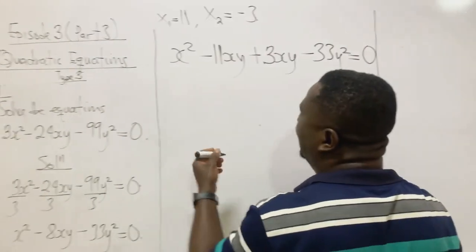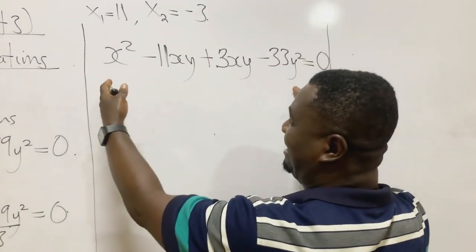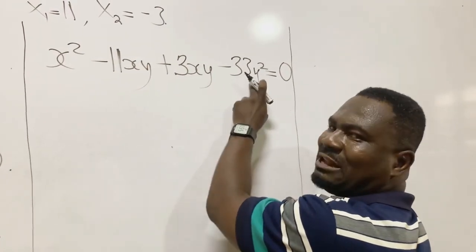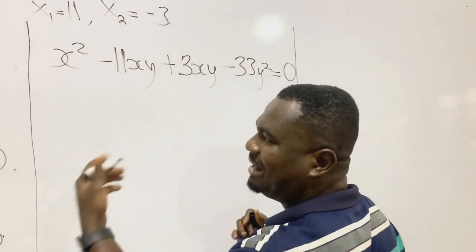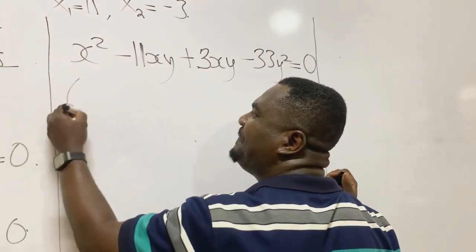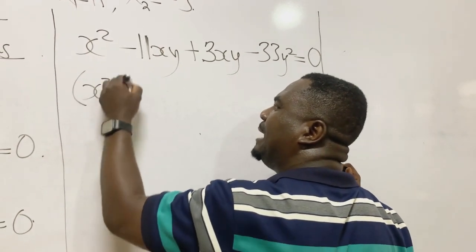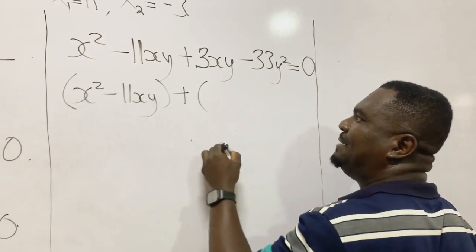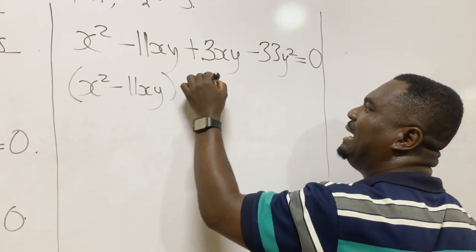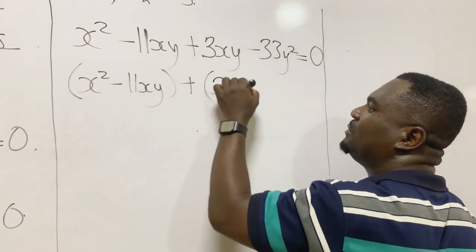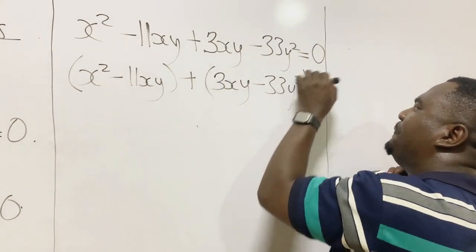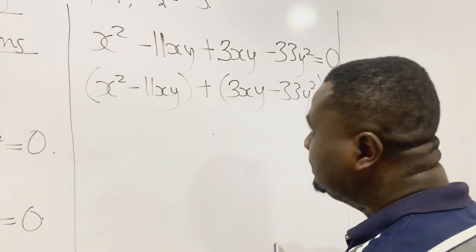So we continue by going by the factorization, and from here, anytime you are given 4 terms to factorize, we know from factorization that you first put the first 2 terms in brackets, and the last 2 terms also in a bracket, which is xy minus 33y squared, before you can factorize.